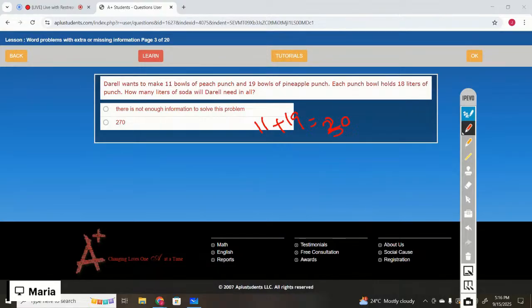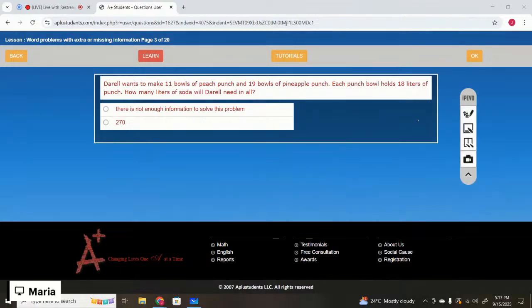So I think there is not enough information, because 19 plus 11 is 30 and 30 times 18 is 540. So there is not enough information to solve this problem.